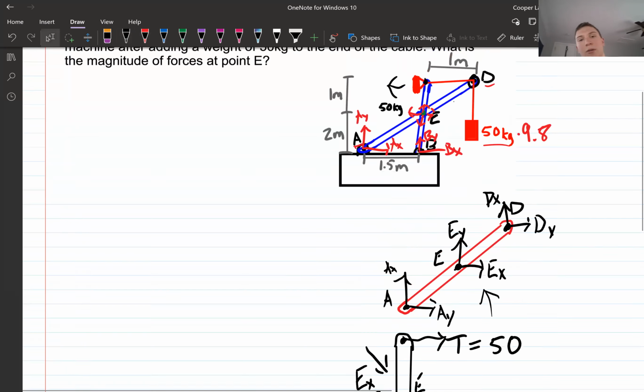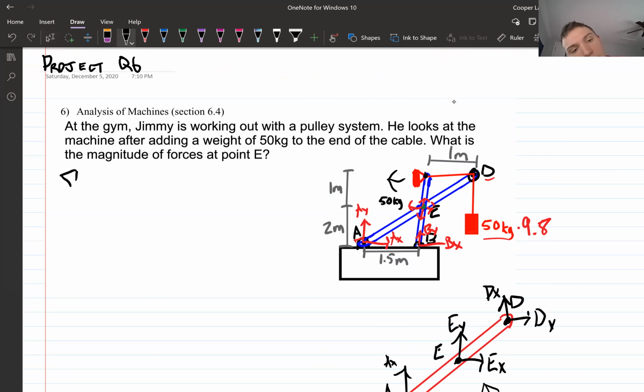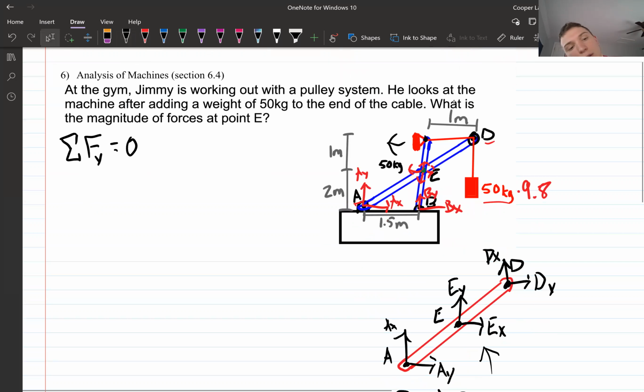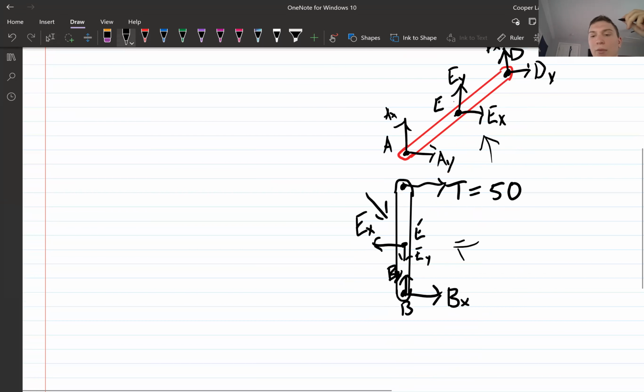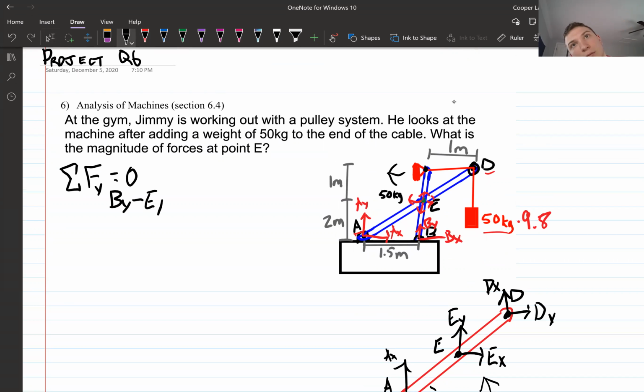So it would be our sigma F sub y equals 0, because we're trying to find E sub Y. If we do this, we're only going to have two unknowns: B sub Y minus E sub Y equals 0.